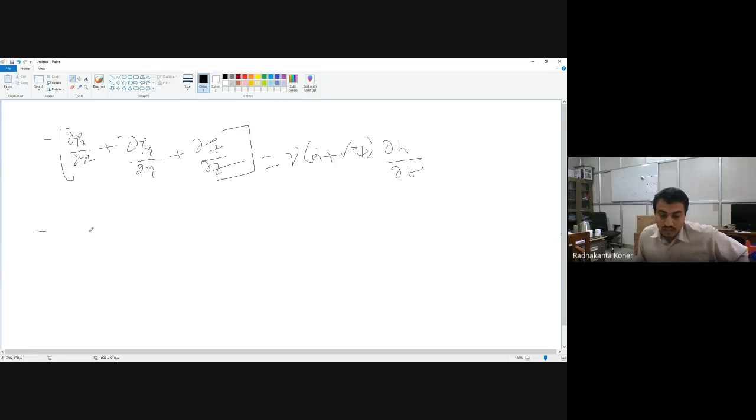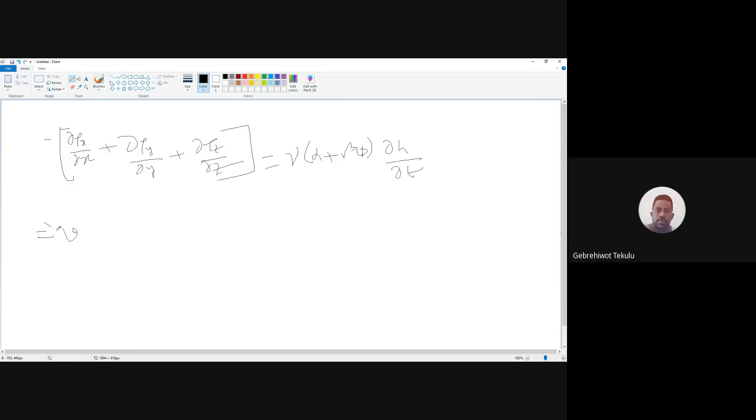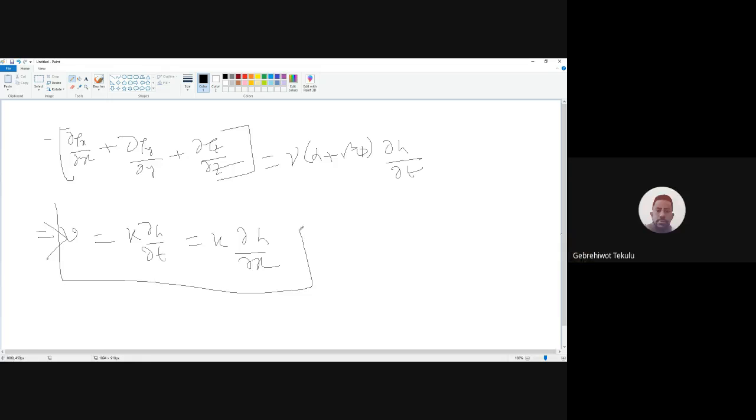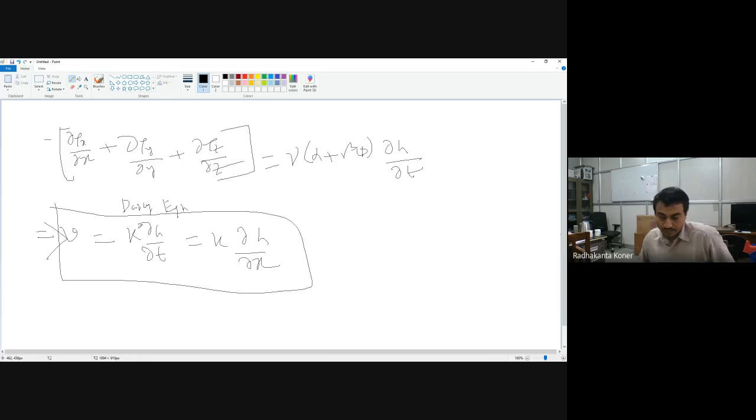Then substitute Darcy's law: V is equal to k dh by dl, or k del h. We can substitute this V value, the Darcy's equation.